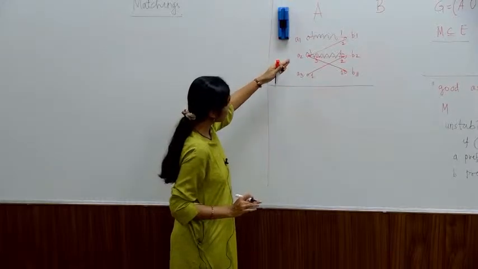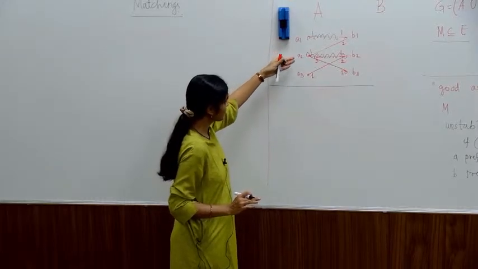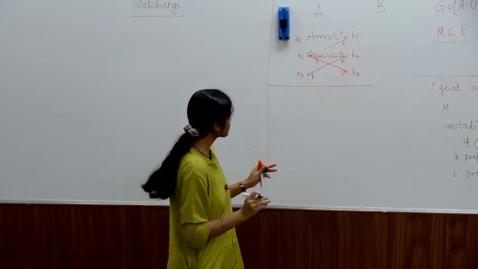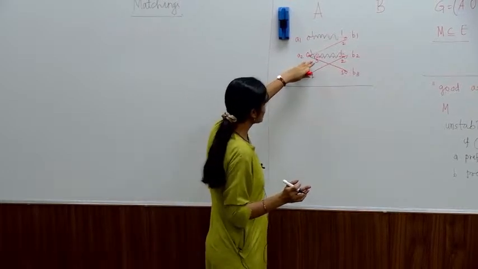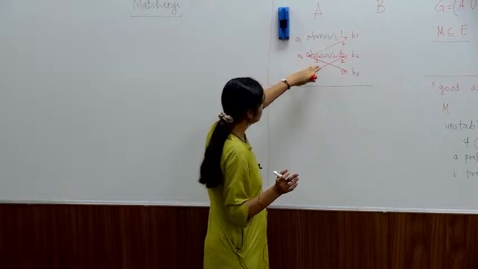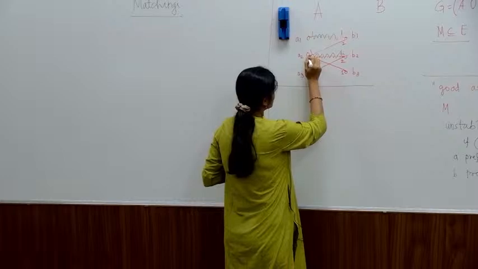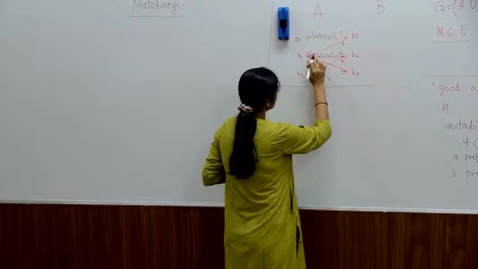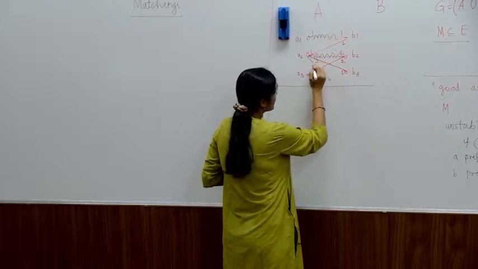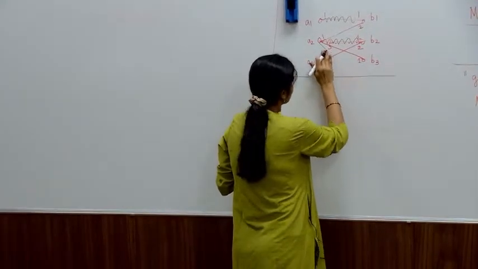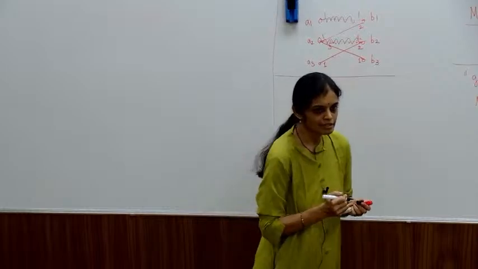Whenever you had a choice of choosing an agent A, you chose an arbitrary free vertex and it proposed to the next most preferred vertex to which it had not proposed. So let's say A2 was free at some point and had a choice between 3 and 4, it will always make the proposal to the better preferred one.